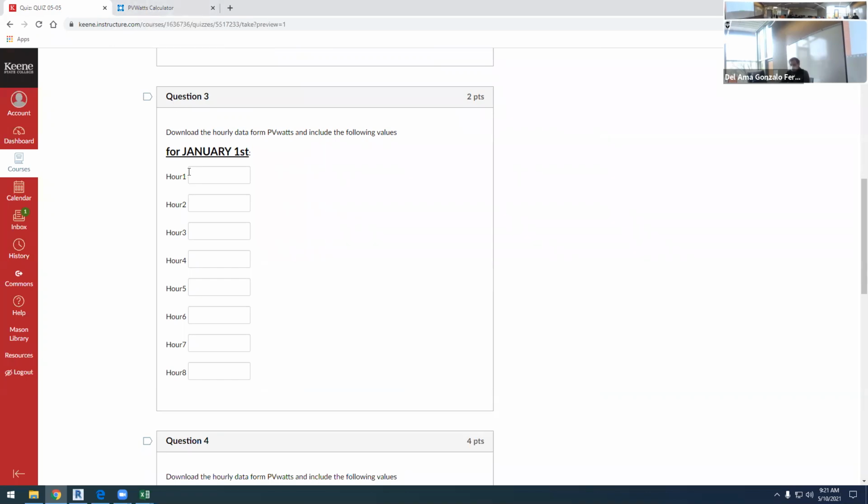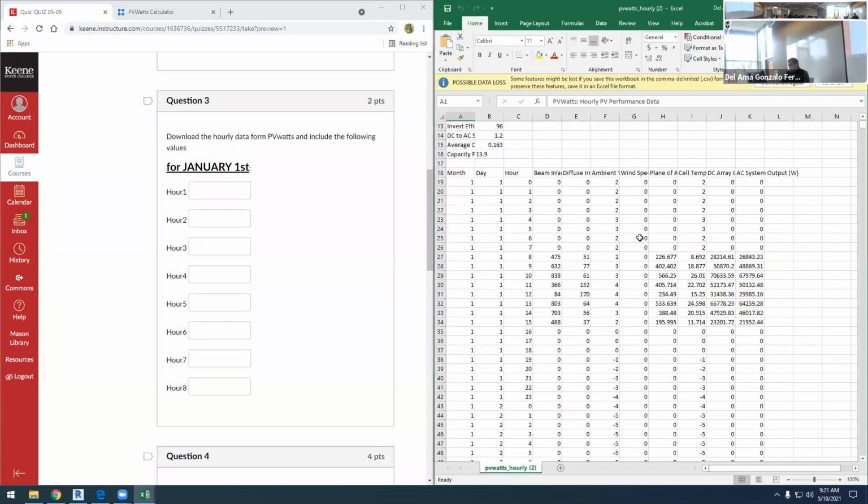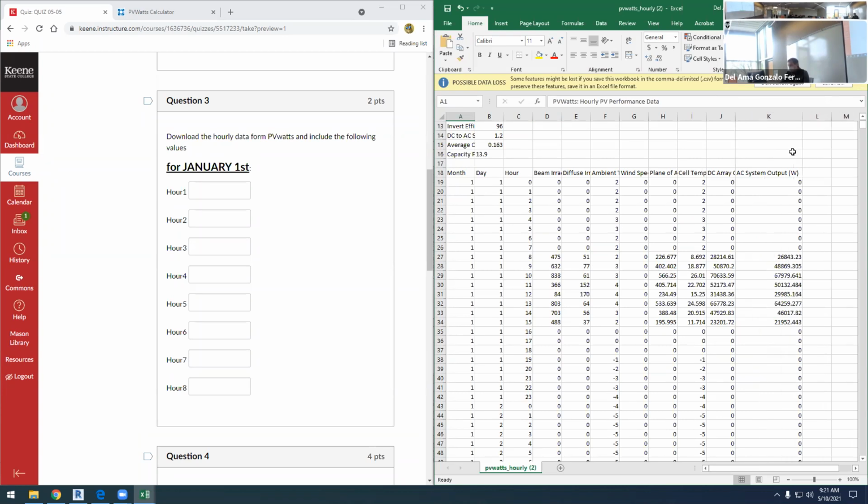But as you can see, here you have to include numbers that are not 0. Here we have 1, 2, 3, 4, 5, 6, 7, 8. So you have to go to this column, the AC system output in watts, and then you have to type this number. Without decimals, it's fine.